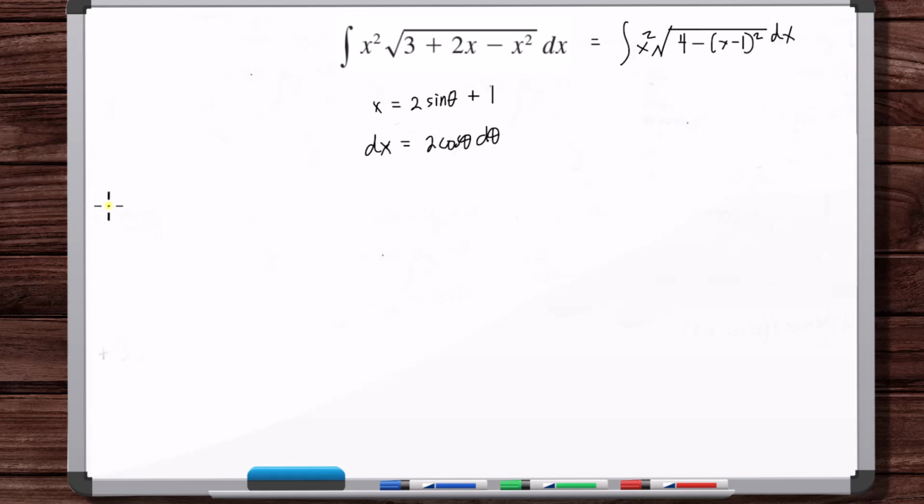Okay, so 3 plus 2x minus x squared is equal to 3 plus 4 sine theta plus 2 minus x squared, which is 4 sine squared theta plus 4 sine theta plus 1.